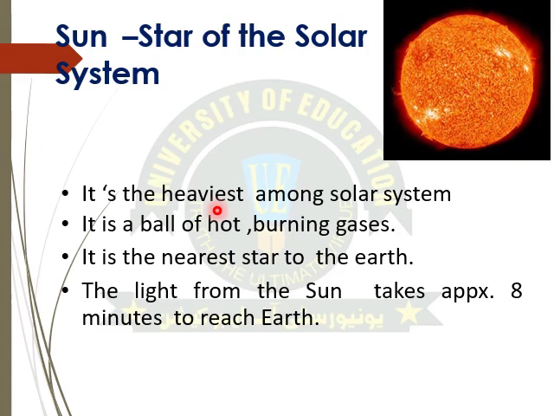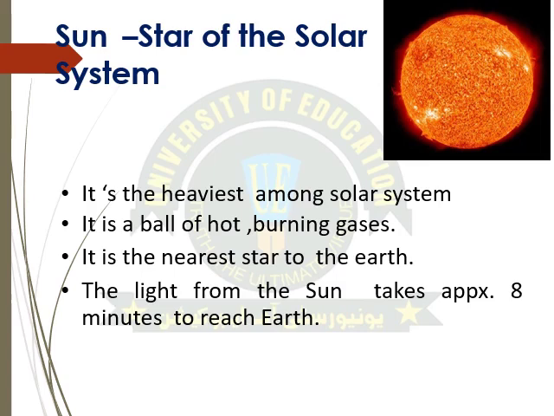It is a ball of hot burning gases. It is the nearest star to the Earth. Light from the sun takes approximately 8 minutes to reach our Earth. The Sun is the basic source of light as well as temperature.